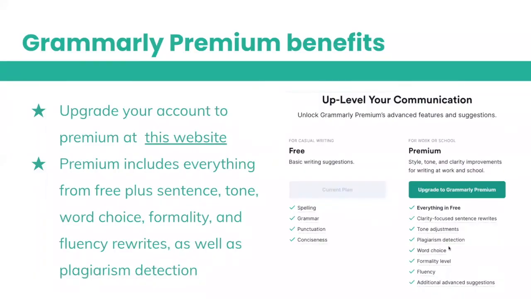Next, I will be talking about Grammarly Premium and its benefits. To upgrade your account to Premium, you can go to this website, or you can simply search in your web browser again, upgrade my Grammarly account to Premium. Premium includes everything from free, plus sentence, tone, word choice, formality, and fluency rewrites, as well as plagiarism detection.